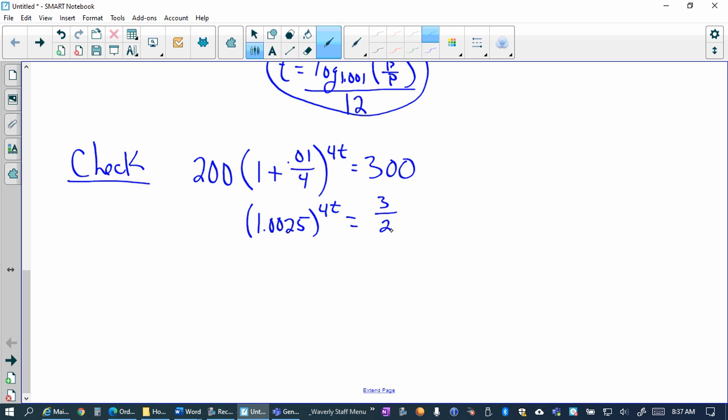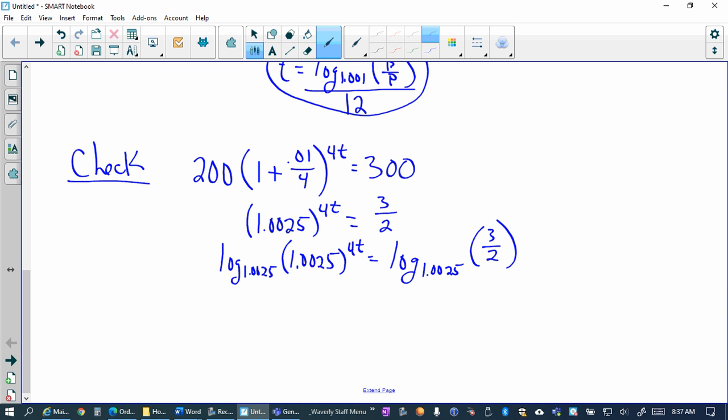Now let's take the log of both sides with the base 1.0025. So the log base 1.0025 of 1.0025 to the 4t equals the log base 1.0025 of 3 halves.